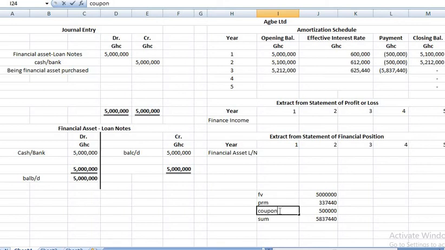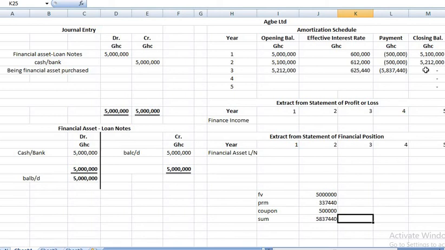When we added all these, we had the sum of 5,837,440, and it is equal to the sum of the effective interest and the opening balance. That is why we didn't do it like the previous years. So we are having a closing balance of 0 in the third year.